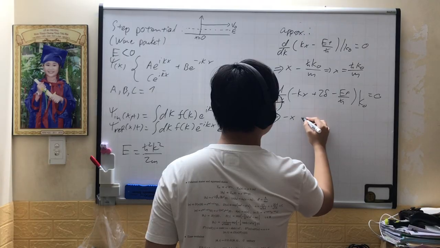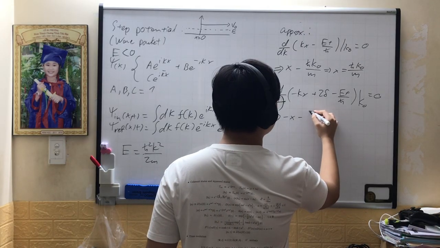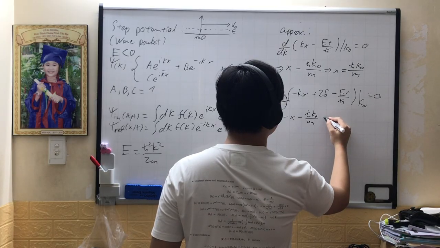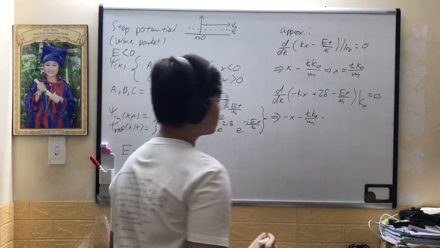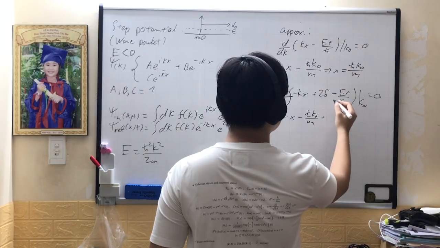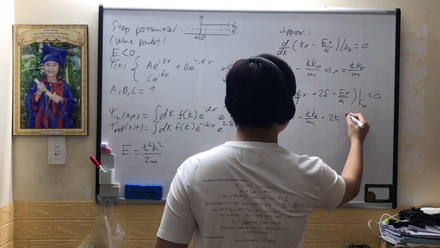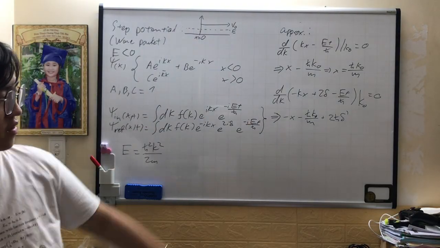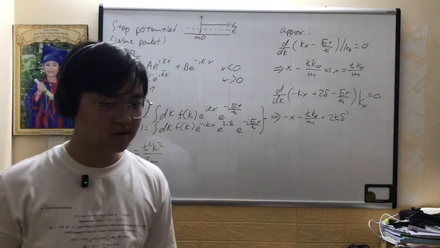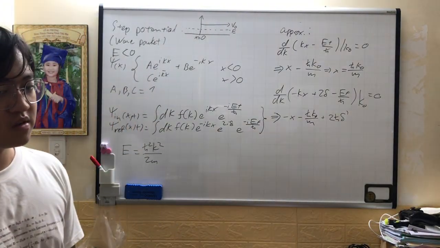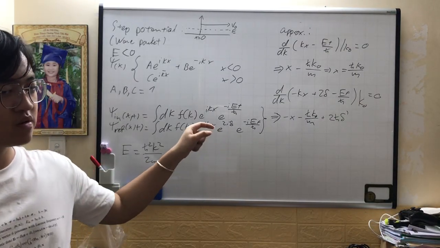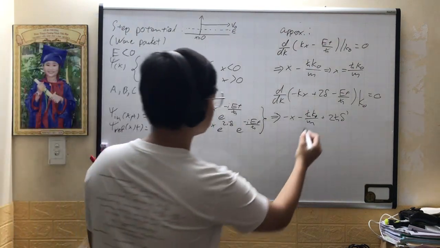This one is minus plus 2ħ, the derivative of your delta. All right, so wait, no, ħ, I would have to have a t.